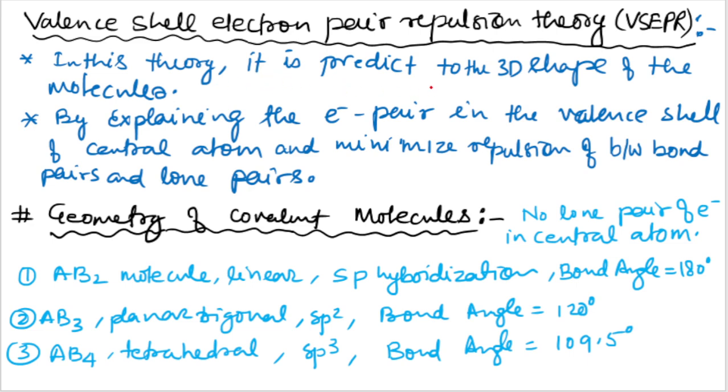This theory predicts the 3D shape of the molecules, and this shape is explained by the electron pairs in the valence shell present in the central atom that minimize the repulsions between the bond pairs and lone pairs.